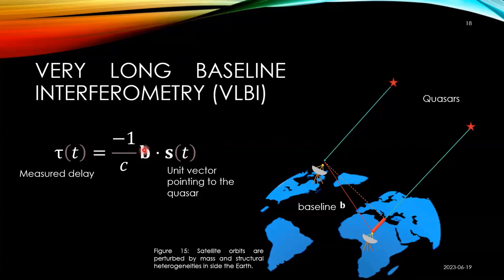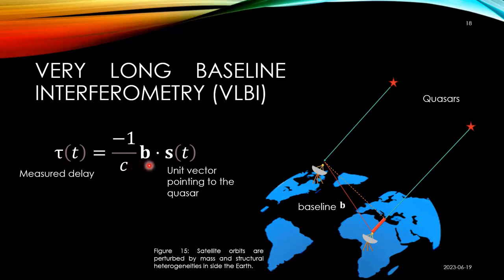So this is the baseline vector, and S is a unit vector pointing to the quasar. If we take the inner product of those, then we can determine the time delay. In reality, this time delay is measured precisely by atomic clocks.